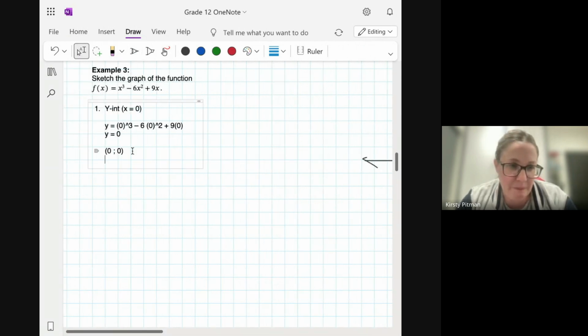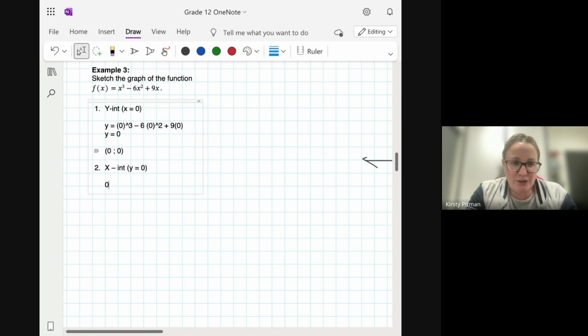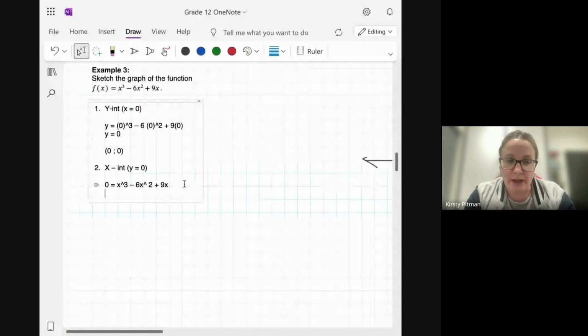Step 2, get your x-intercepts. Make y equal to 0. So I've got 0 is equal to x to the power of 3 minus 6x to the power of 2 plus 9x. What can I see straight away, grade 12s?